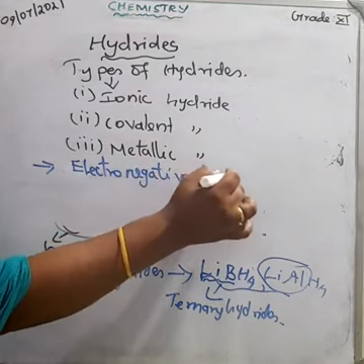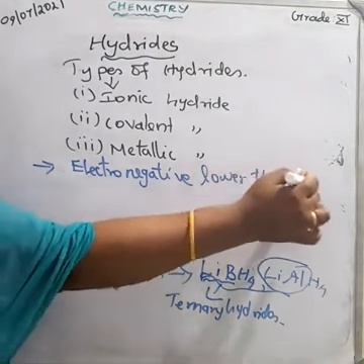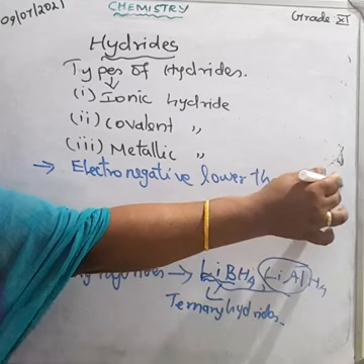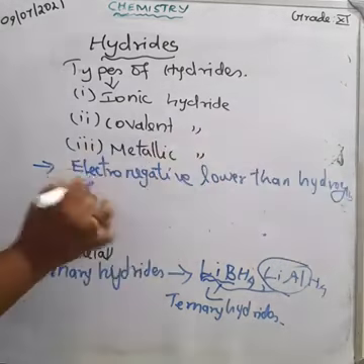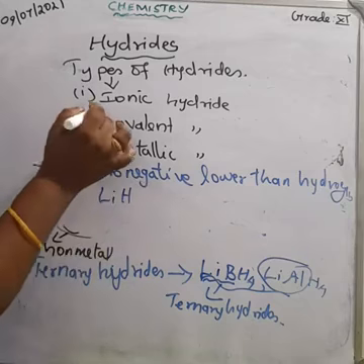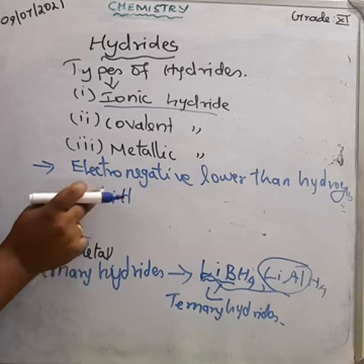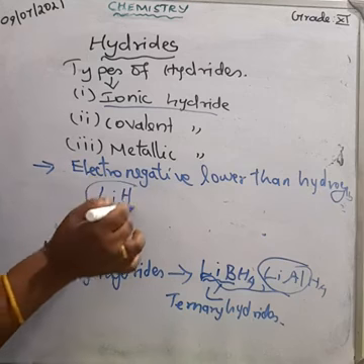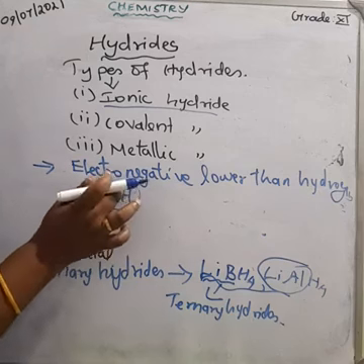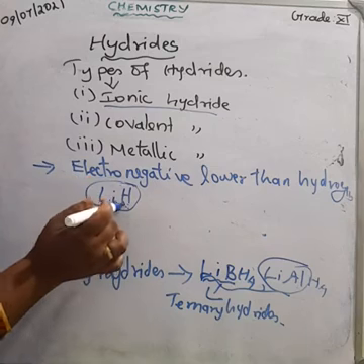For example, lithium hydride. Lithium is one of the metals. So what do you mean by ionic? Ionic hydride means the hydrides are formed with elements having lower electronegativity than hydrogen. Here lithium has lower electronegativity.